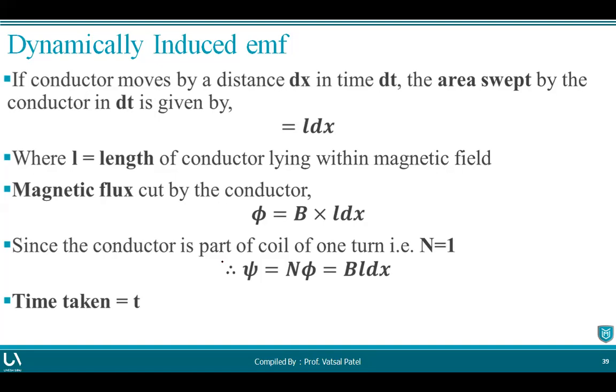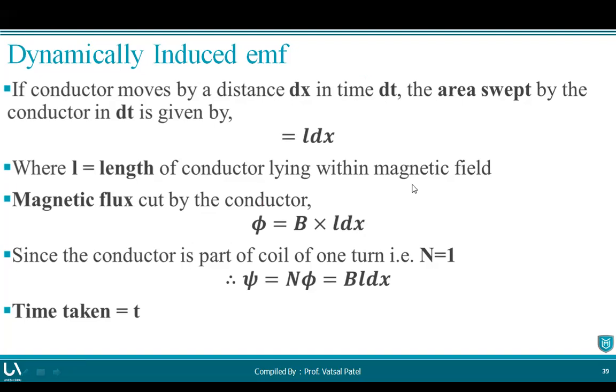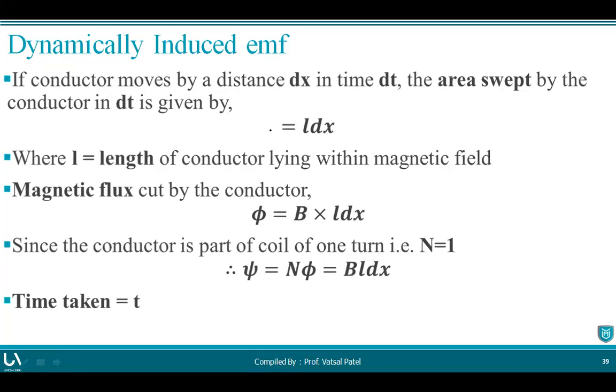Now the magnetic flux is cut by the conductor. So that flux phi is equal to B into L dx. The actual equation is phi equal to B into A, where A is the area, which we identify here in terms of L into dx.